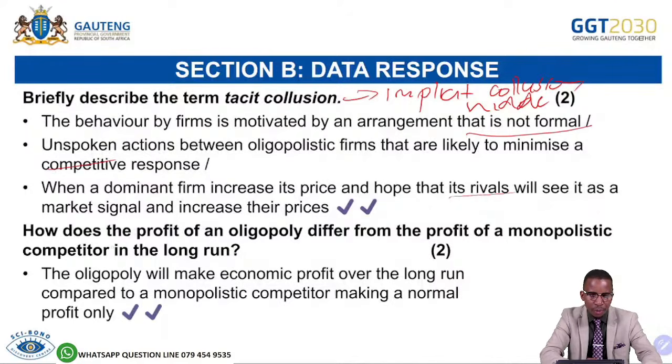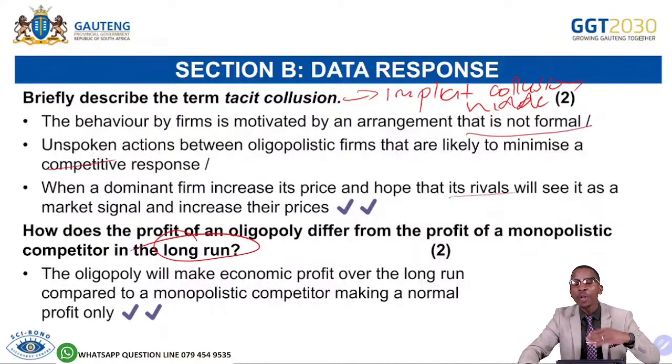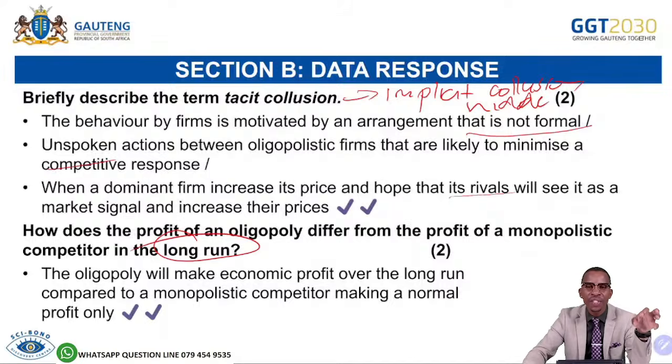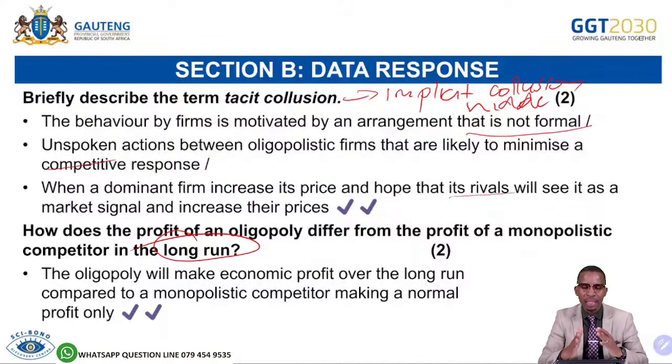And then we continue. How does the profit of an oligopoly differ from the profit of monopolistic competition in the long run? Remember, if we talk about monopolistic competition, we refer to the market structure where there are many buyers and sellers, characterized by a hybrid structure. We call that one monopolistic competition. Then how does the profit differ in the long run?